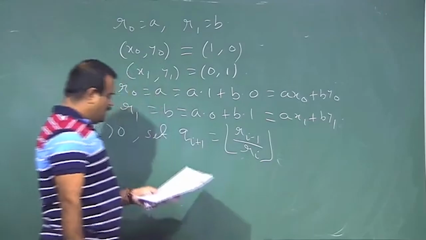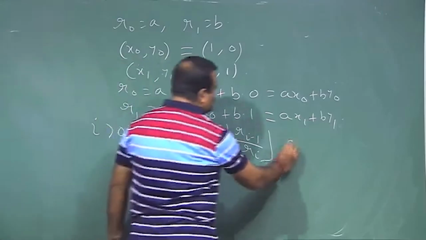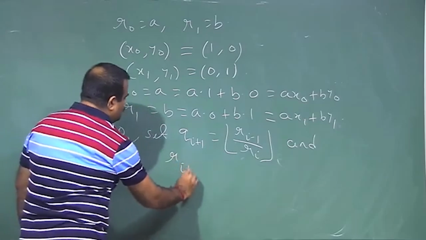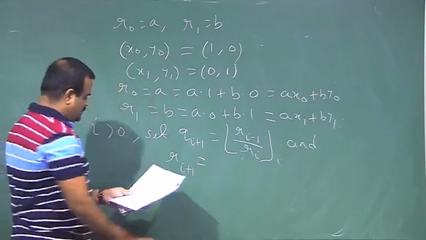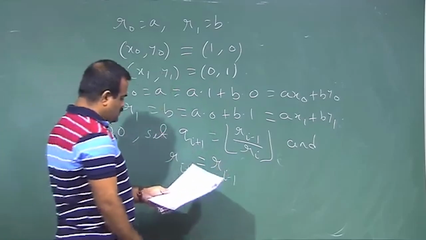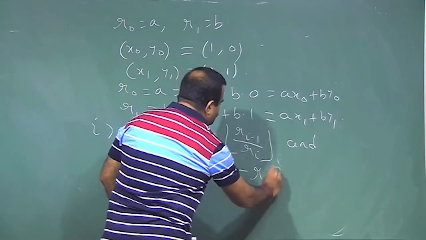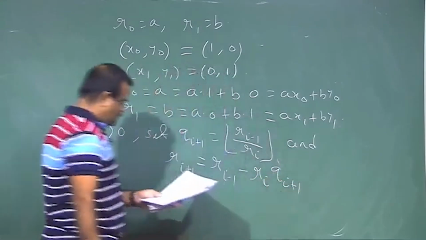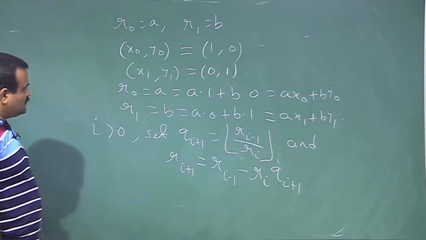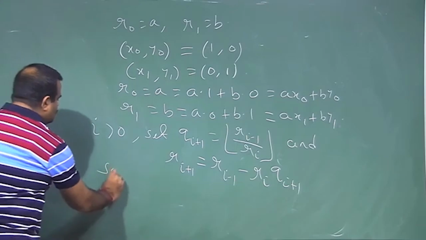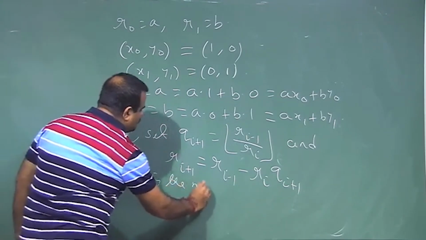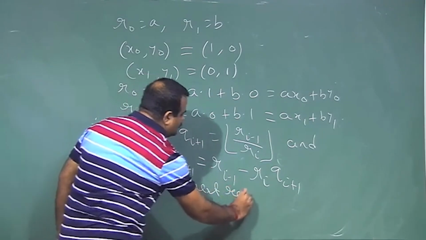This is the division step, and r i plus 1 is basically r i minus 1 minus r i into q i plus 1. So, r i plus 1 is the next remainder.